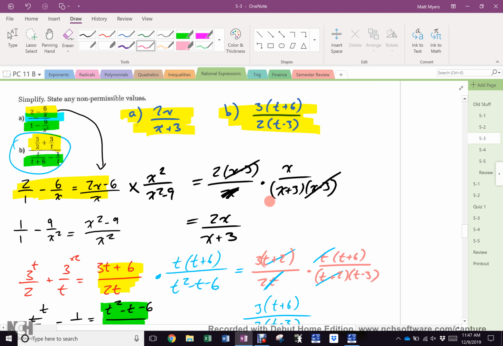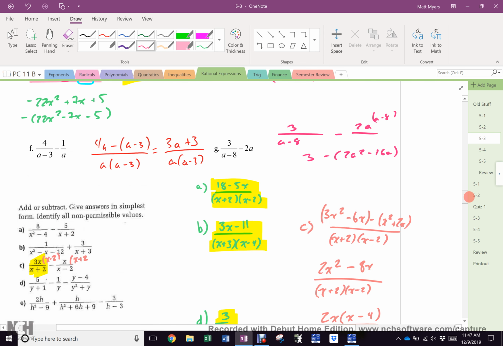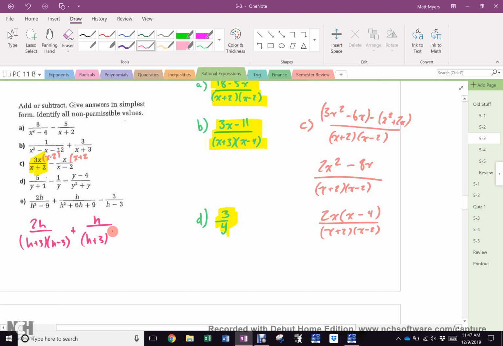Now the one on the other page. This one. All right. 2h over h plus 3, h minus 3, plus h over h plus 3, h plus 3, minus 3 over h minus 3, right?